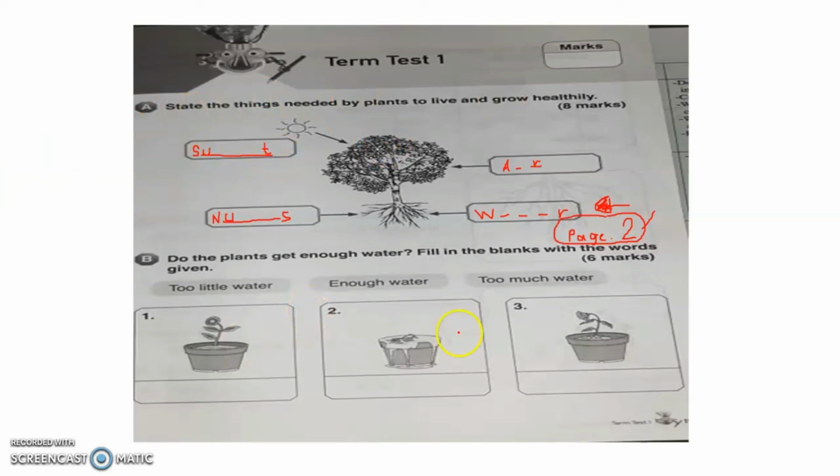Okay, you can find the answer on page number 1. Okay, go back to page 1. All you have to do is you write here.